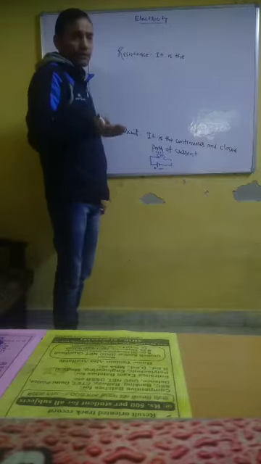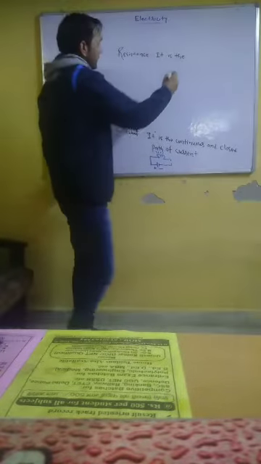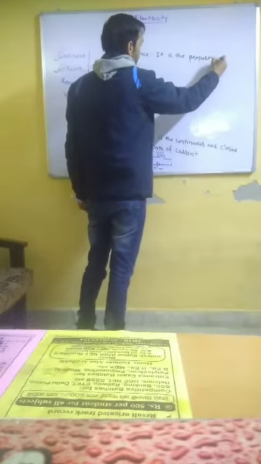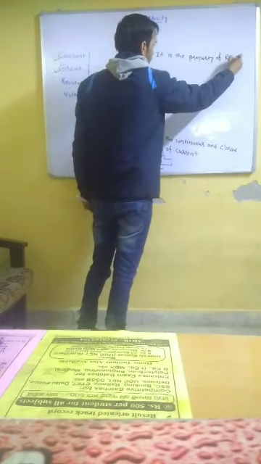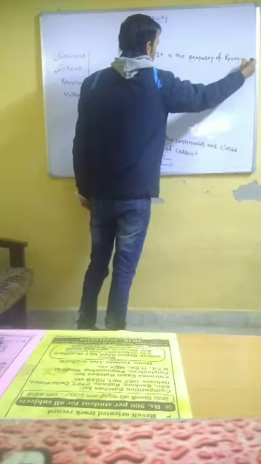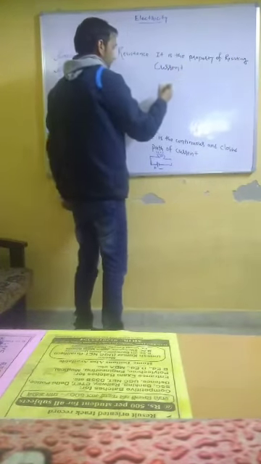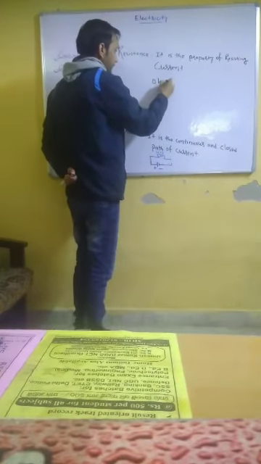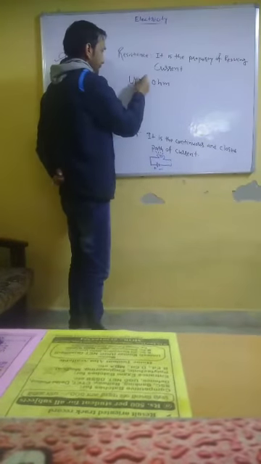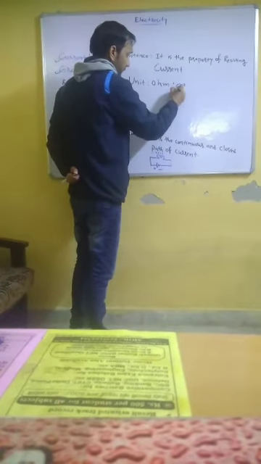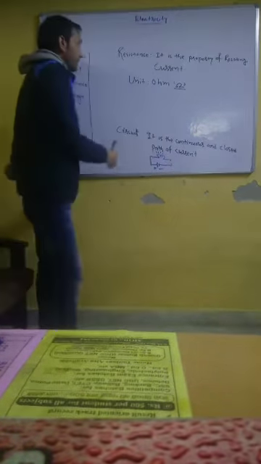Resistance is the property of resisting current and is measured in ohm. Its symbol is as it is represented here.